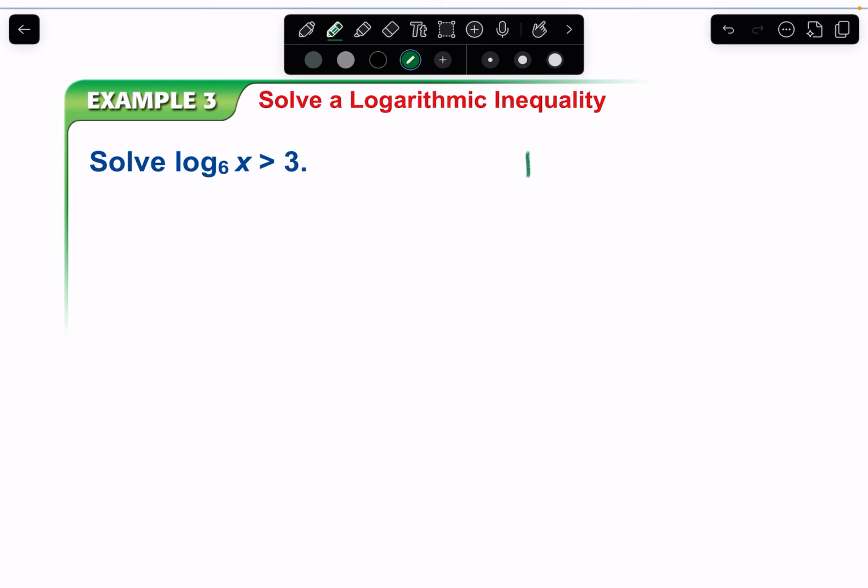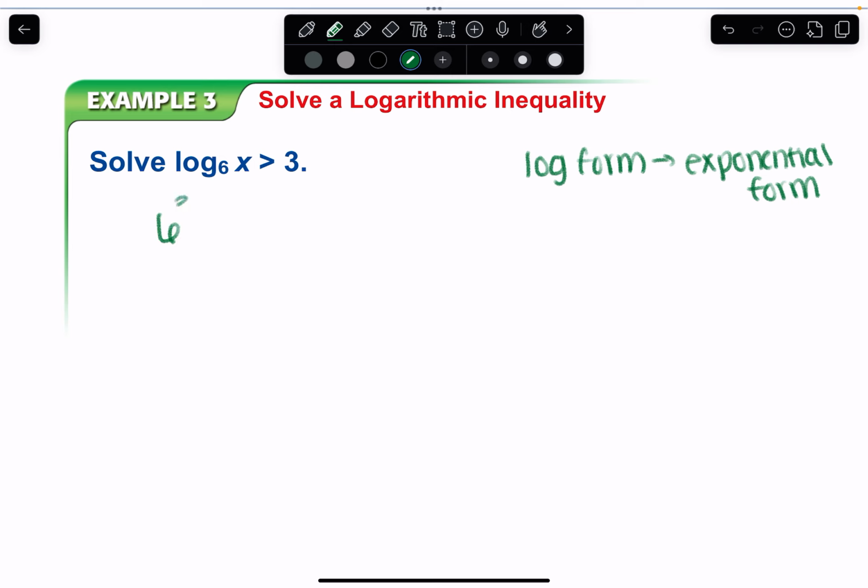So this is currently in log form, and I'm going to change it to exponential form. So what that looks like is my 6 is becoming my base, my 3 is becoming my exponent, and then I wrote that backwards, so sorry.